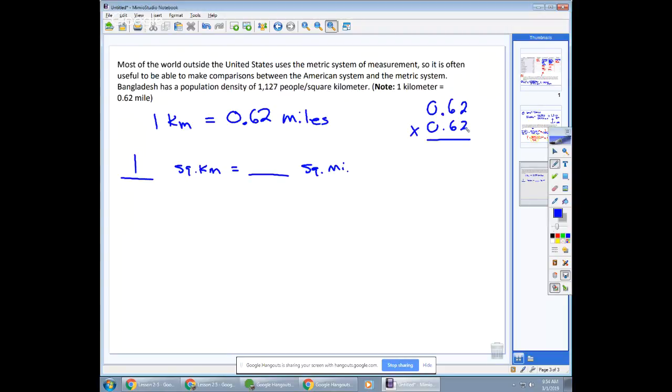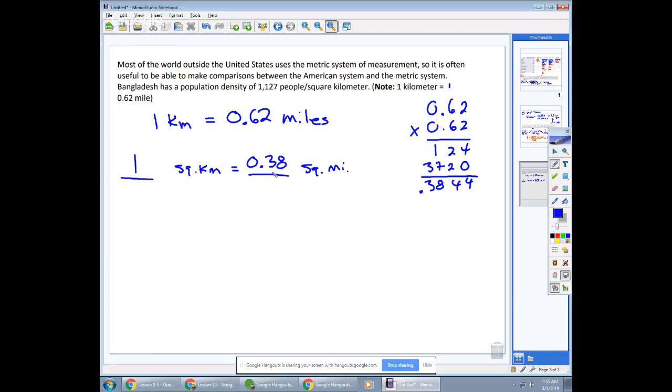Just for fun, 2 times 2 is 4, 2 times 6 is 12, 6 times 2 is 12, 6 times 6 is 36. Yeah, so about, let's call it about 0.38 if we went to 2 significant figures.